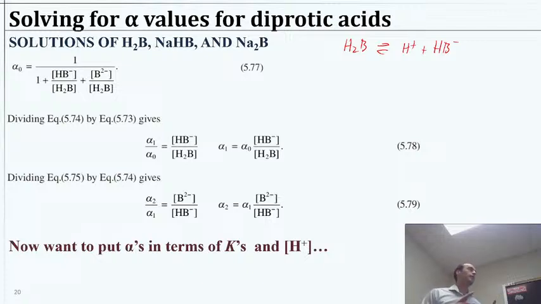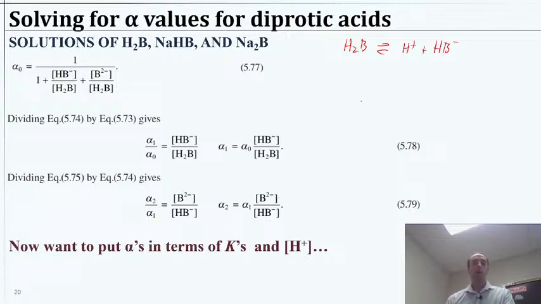What we need now is to take these and put them in terms of the K's that we have and the H plus. So what you'll notice here, and if you've solved problems like these before, you probably noticed, we tried to get them in ratios like this. We want to substitute for these ratios using Ka and H plus.